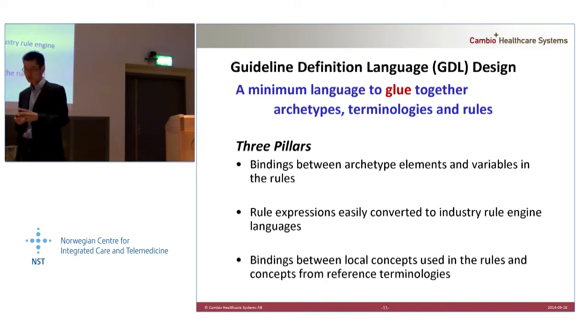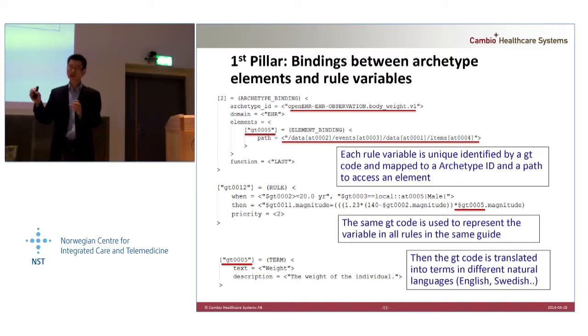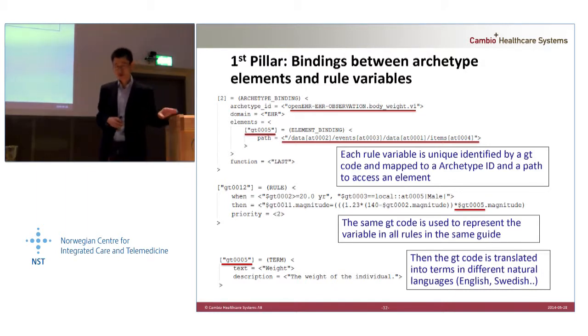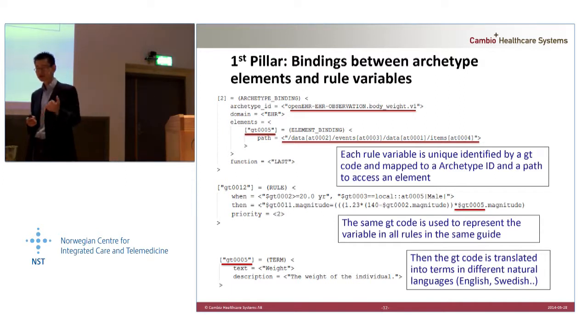So I will try to explain these three design principles. The first one is how we can bind interesting data points in archetypes towards the rule expression. Because you want to express something, let's say eGFR, estimated renal function of the patient based on creatinine values and height, weight, and gender and age and so on.